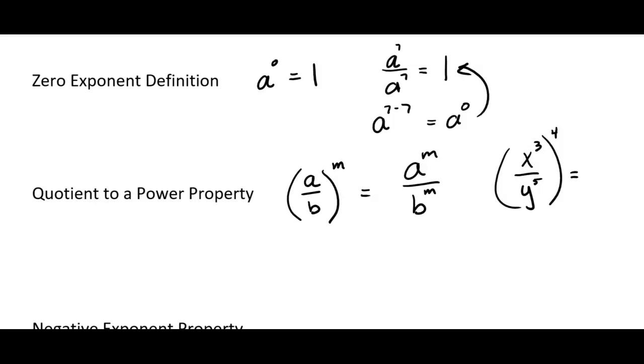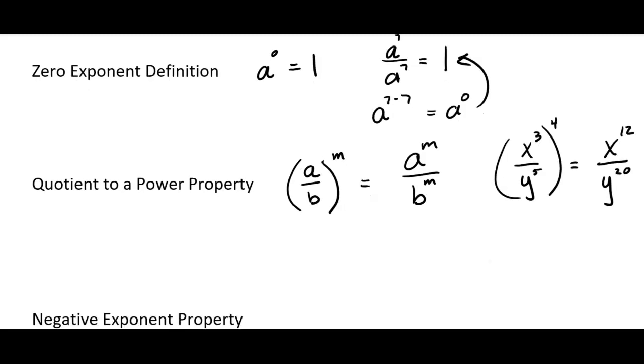Well, I get to practice a couple of my rules here then. It's going to be x to the 12th, because I'll multiply power to a power, and then it's going to be over y to the 20th, because I'm going to multiply the power on the y, 5 times 4. Okay, so that's how it would simplify.